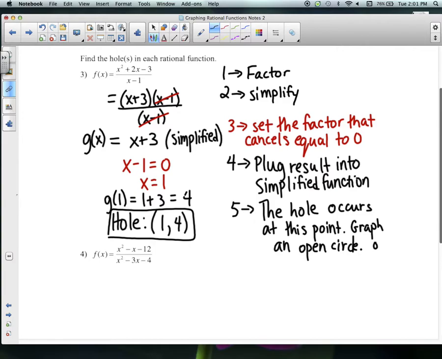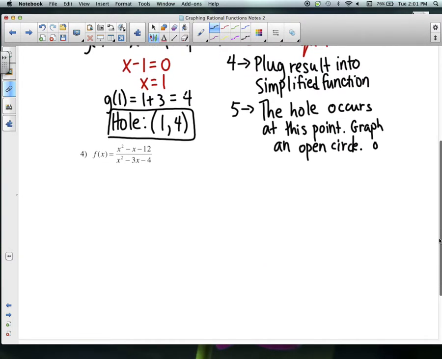So we're going to do one more quick example of that to wrap up this video. And then in your third video, everything's going to be put together, the graphing with the hole. So again, the factor that cancels is where the hole is going to occur. We're going to cancel out that x minus 4.